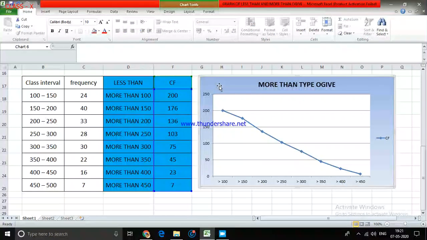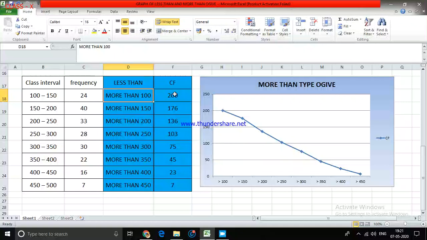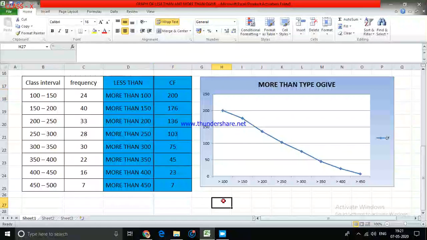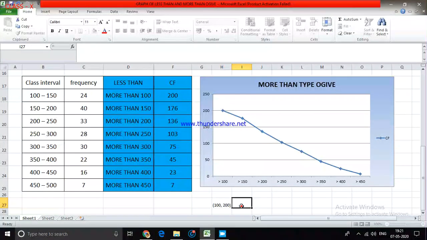This is the graph of more than type. Now see, for 100 the value is 200, so if you want you can write here the point as for 100, x value is 100, y value is 200.